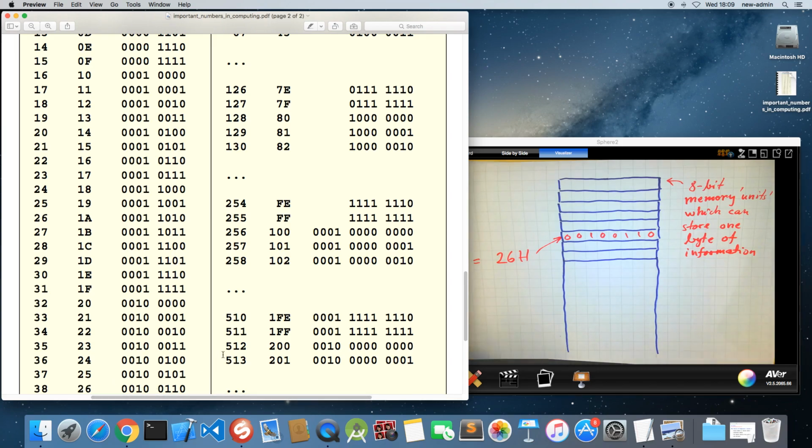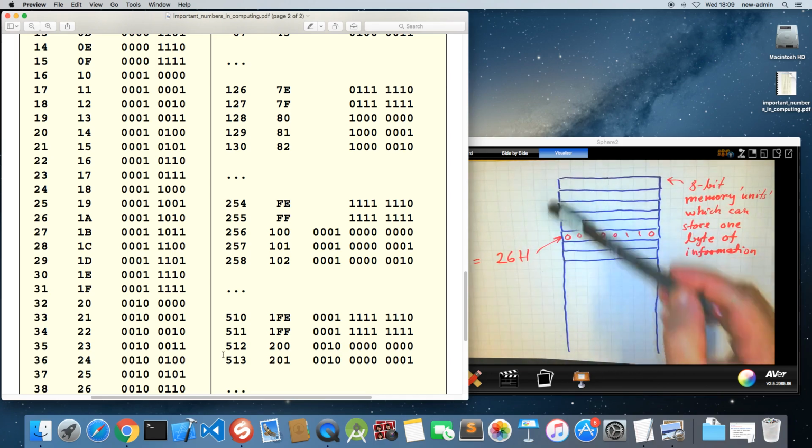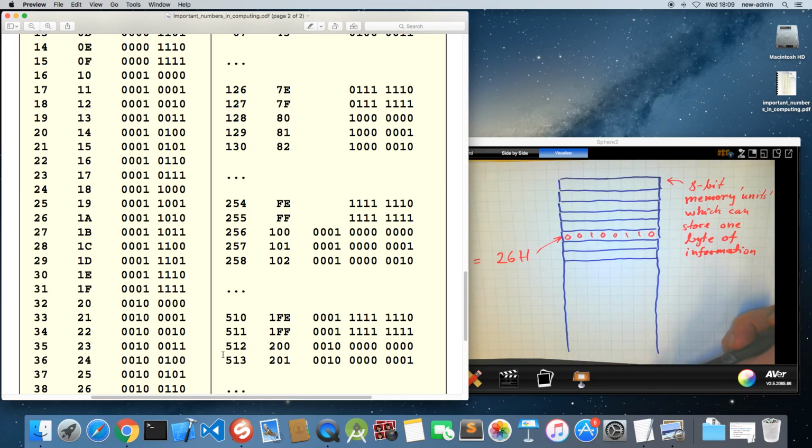So this is just an example that if the value 38 would be stored in the computer memory, you can think that it looks like this, that there is this computer memory system, or the main memory, and they have these memory units that can store 1 byte, and there in 1 byte there would be this binary number stored there.